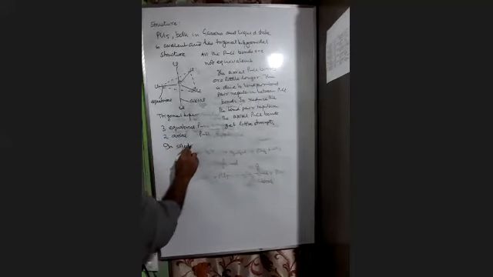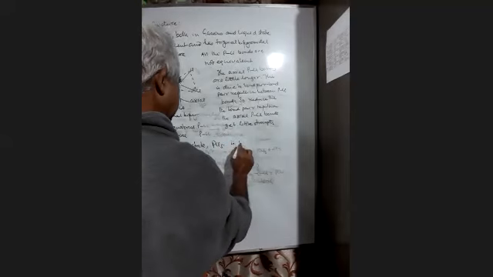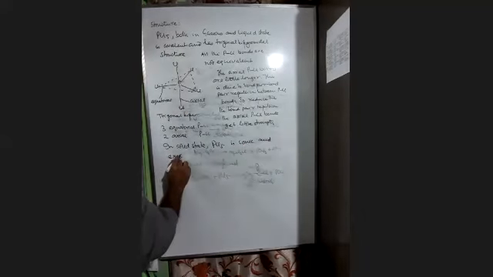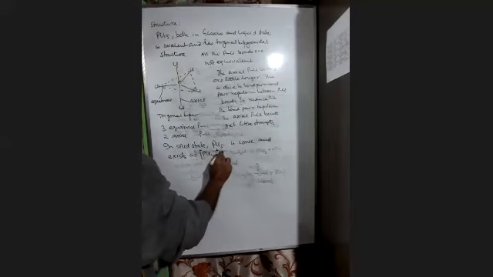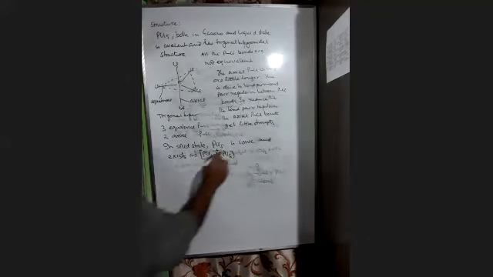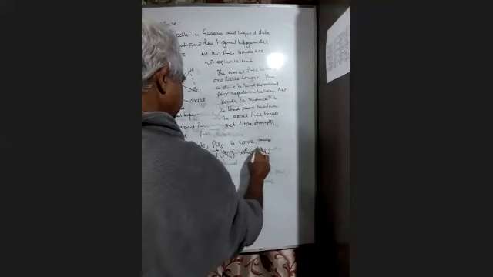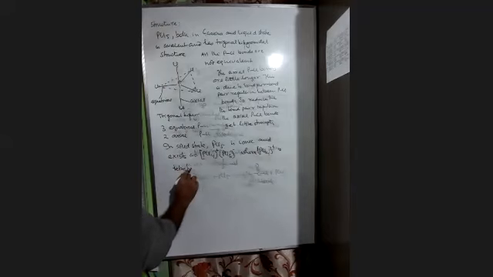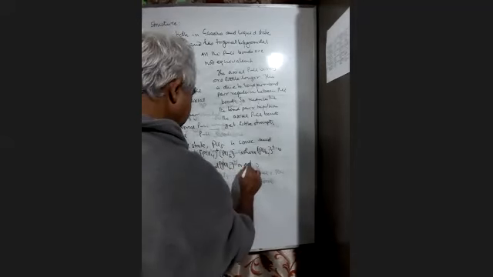In solid state, PCl5 is ionic and exists as PCl4 plus and PCl6 minus, where PCl4 plus is tetrahedral and PCl6 minus is octahedral.